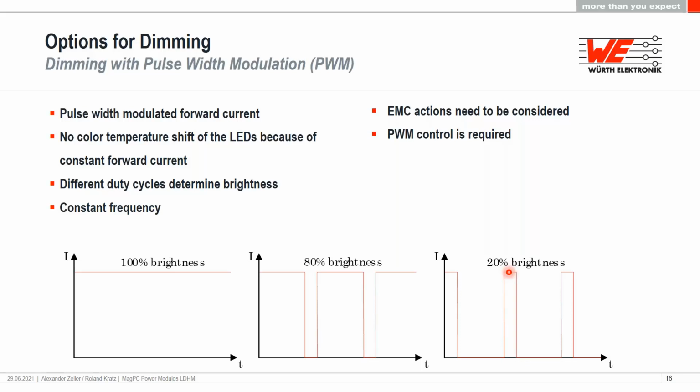If you have a customer with the specification that the chromaticity coordinates need to be maintained, then PWM is necessary, or pulse frequency modulation from the next slide. Analog dimming, just moving the 100% DC current down to 80%, 50% DC current, will shift the chromaticity coordinates.